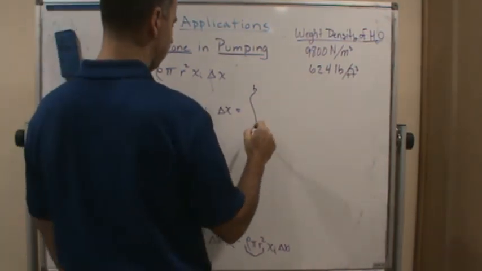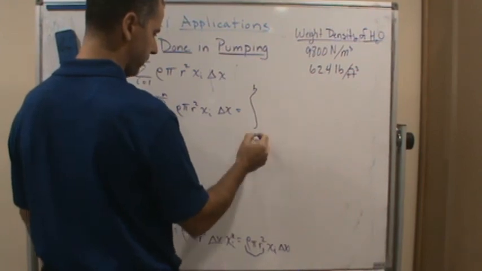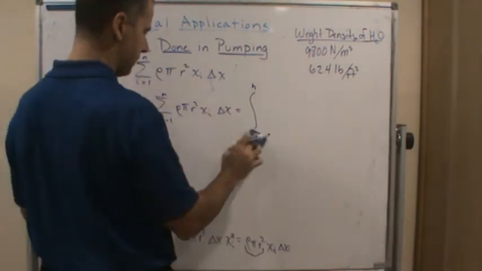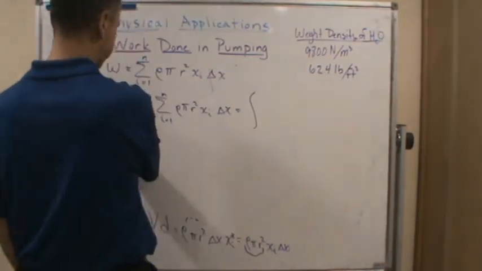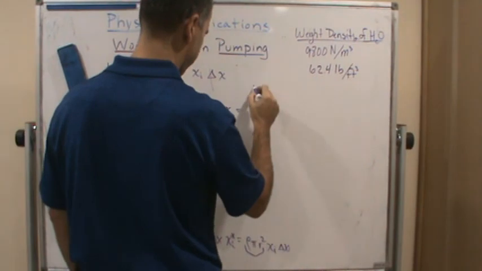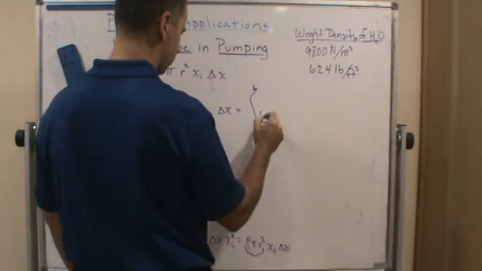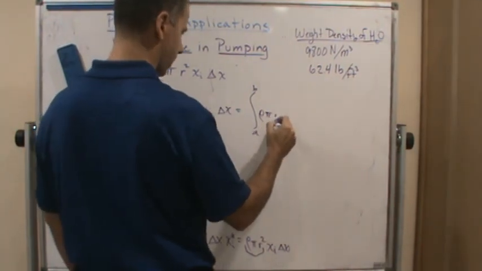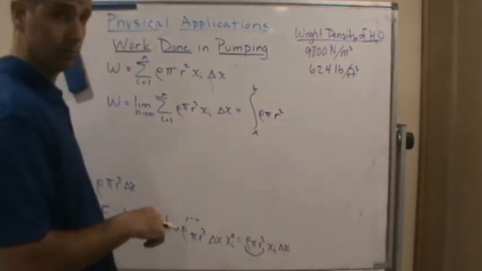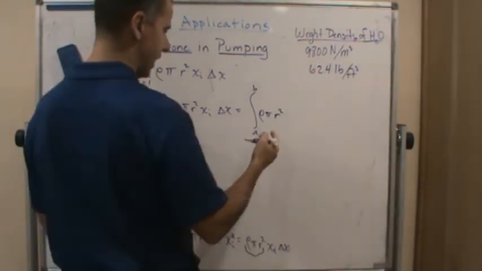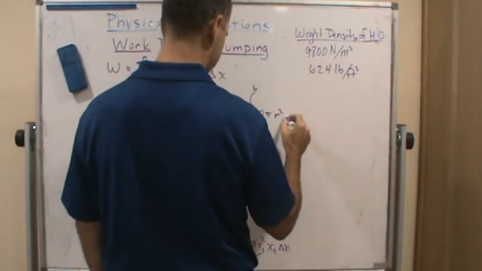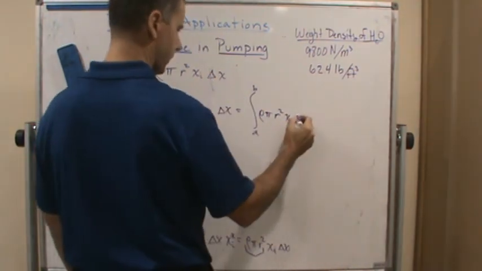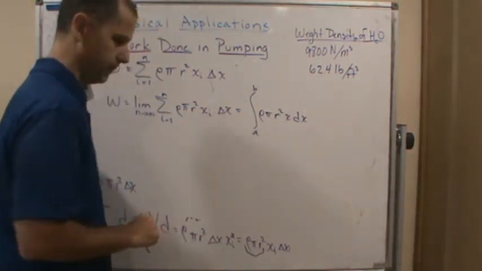Or in this case it could be 0 to h, the height of the cylinder, but again, just to keep it general, of rho, which is the weight density of the fluid, times pi r squared, which is the radius, and in this case it's constant, times x dx.